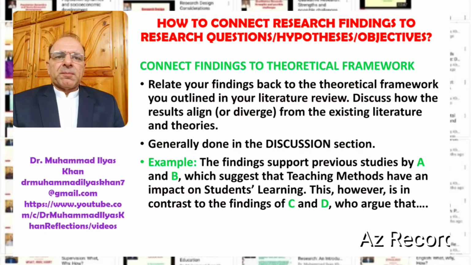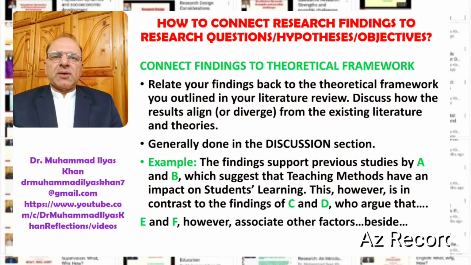For example, we can say that the findings support the previous studies by A and B, which suggest that teaching methods have an impact on students' learning. This, however, is in contrast to the findings of C and D, who argue that, whatever argument they have made.